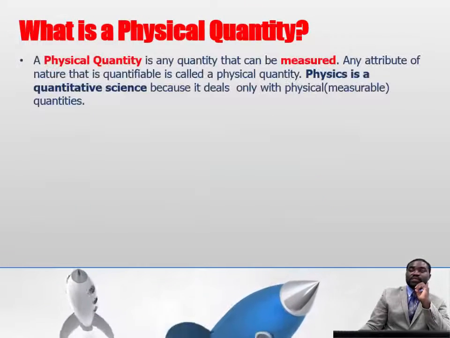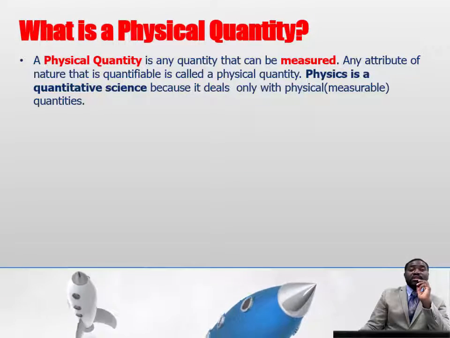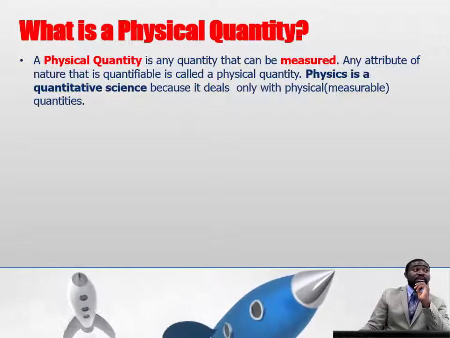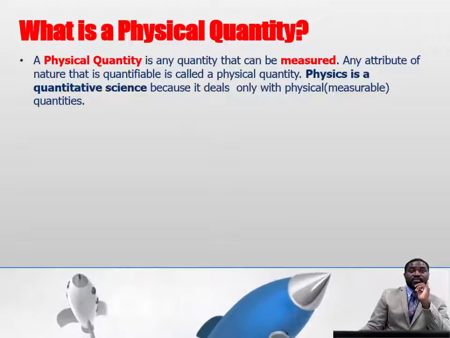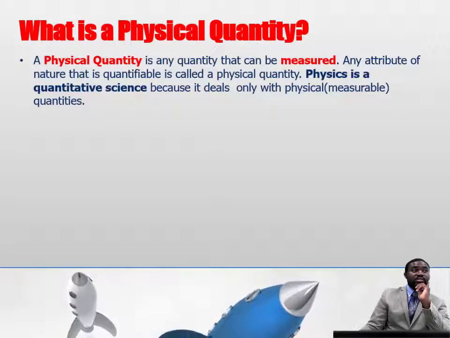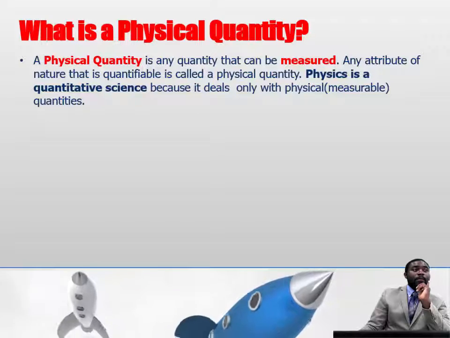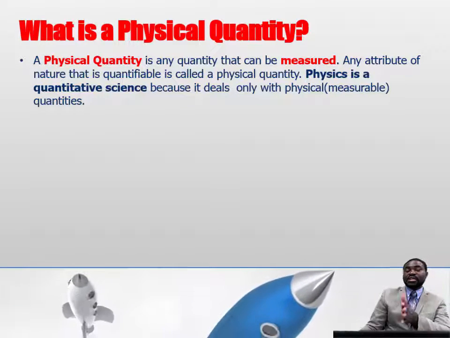Now, we have already laid down the foundation for this class, so I'm going to rapidly go over some of the things you need in order to understand the concepts we will study today. The first is the concept of physical quantities. Physics, as you already know, is both a quantitative and an empirical science.